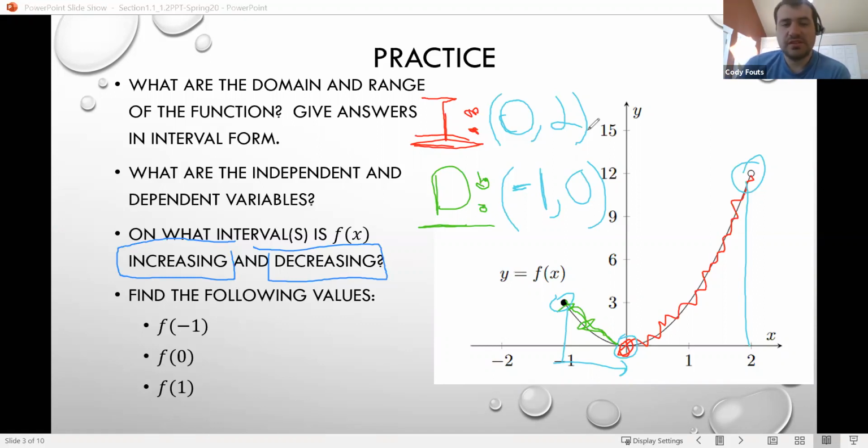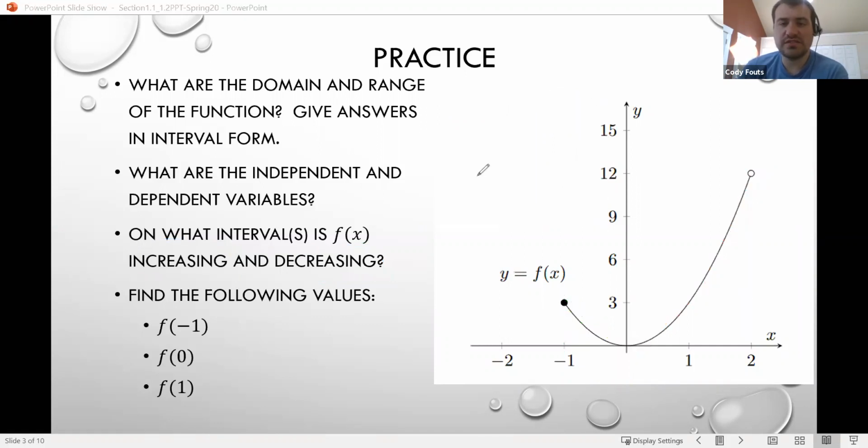Great. So next thing we have to look at is evaluating the function at some different values. If we look at this notation here, remember that this letter represents the name of the function, and the value inside of the function represents your input.